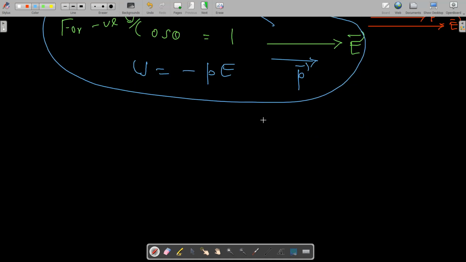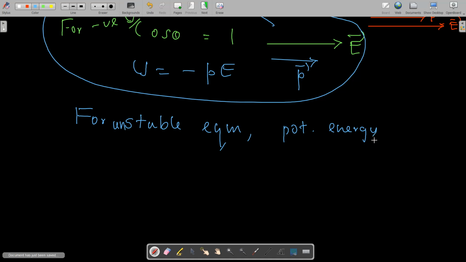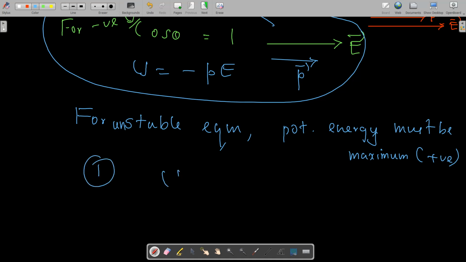Okay. Second one, for unstable equilibrium, just opposite to this. For unstable equilibrium, potential energy must be maximum. Maximum means a positive value. Our first equation is U equal to minus PE into cos theta 2 minus cos theta 1.